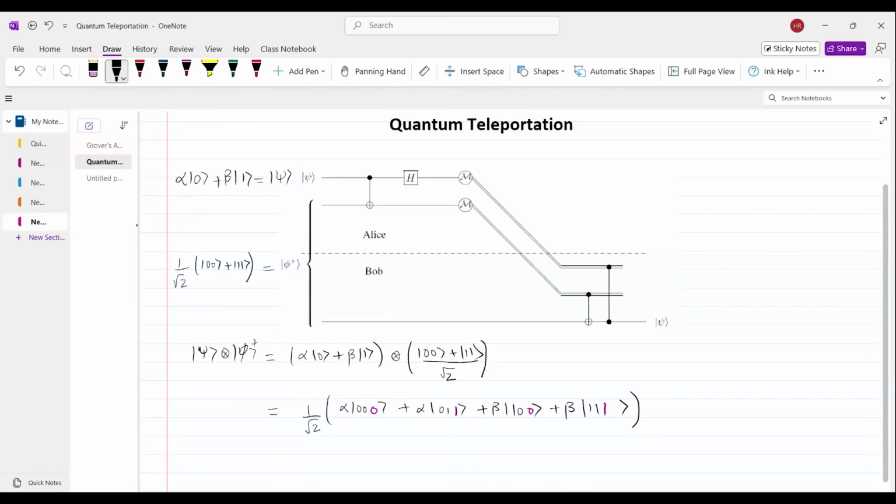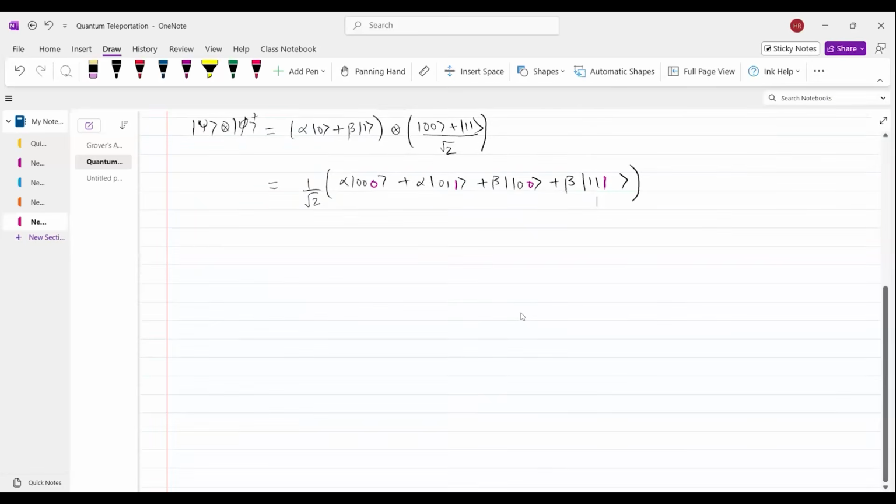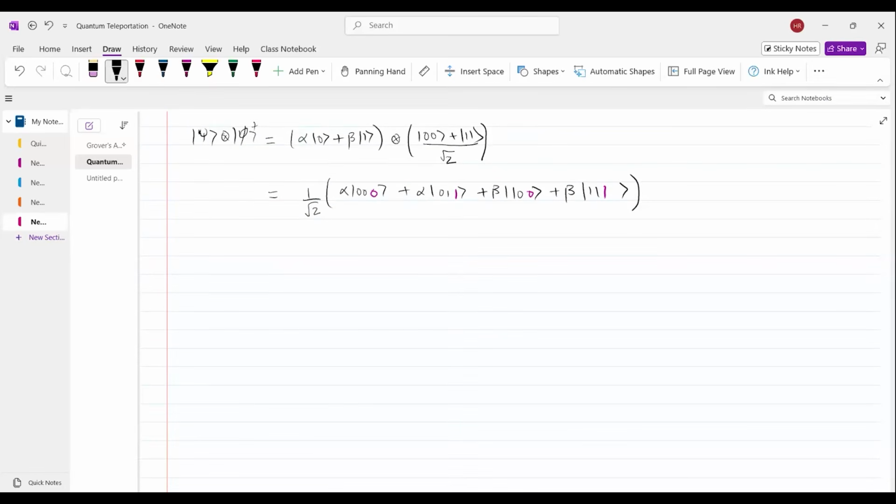Okay, so the qubits represented in purple belong to Bob, and the ones in black belong to Alice, right? And so Alice does some operations on her qubits. First of all, Alice applies CNOT on her set of qubits, and Bob does nothing to his qubit.